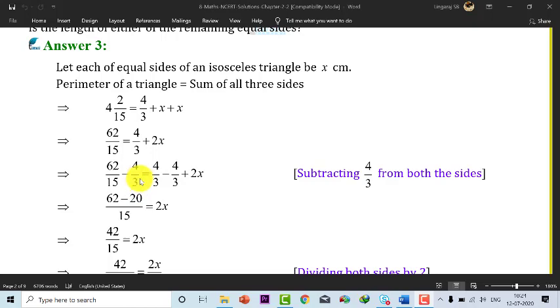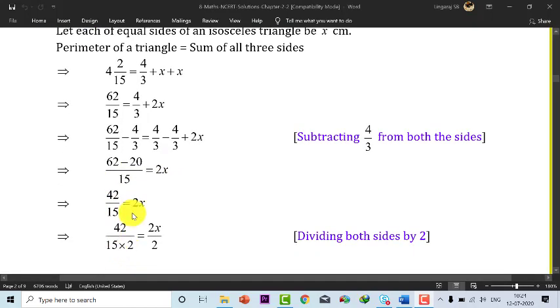If you multiply this 3 by 5, you get 15. So for that you multiply 4 by 5, 4 fives are 20. Then these get cancelled, and we only have 2x on the RHS. So 62 minus 20 becomes 42 divided by 15 is equal to 2x.